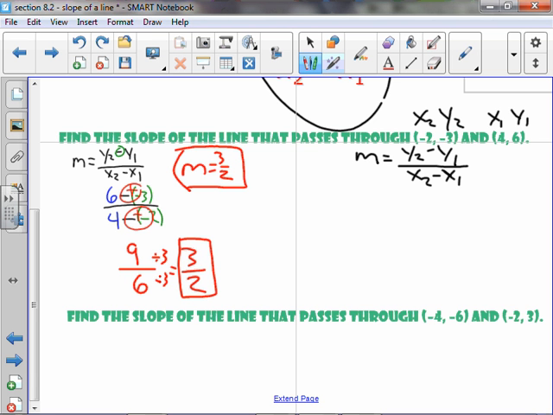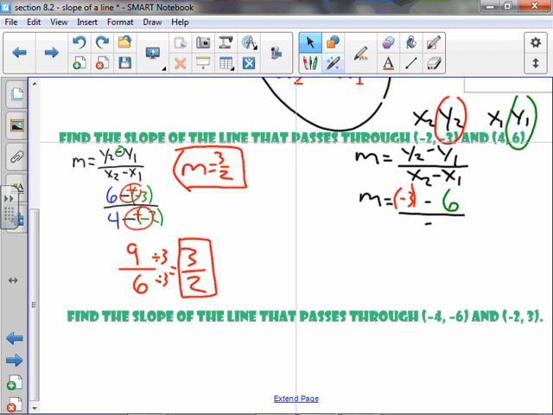And now I'm just going to plug in numbers. m is equal to y2, which is this guy here, negative 3, minus y1, which is this guy over here, 6, so minus 6. x2 is this guy here, negative 2, so I do negative 2.